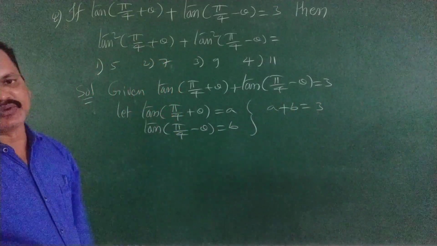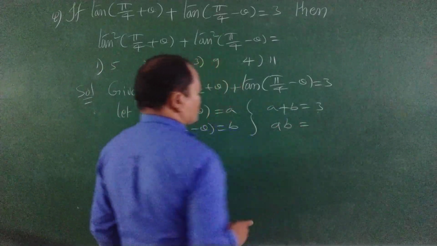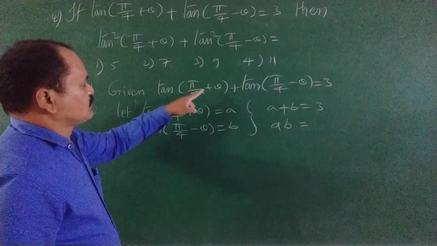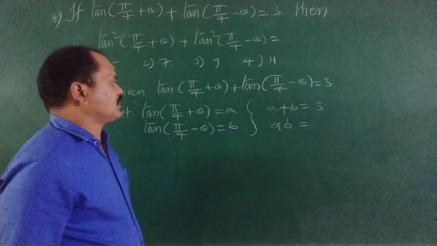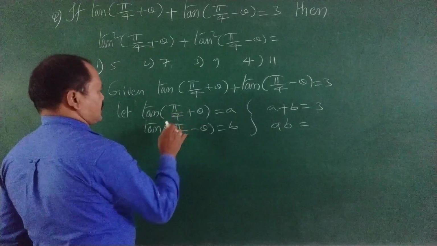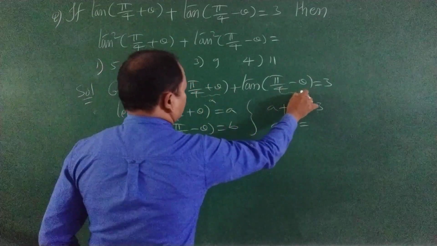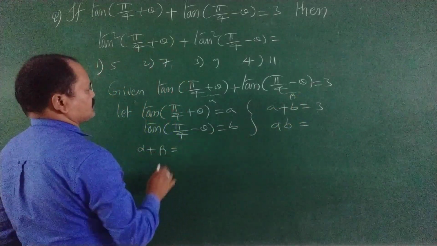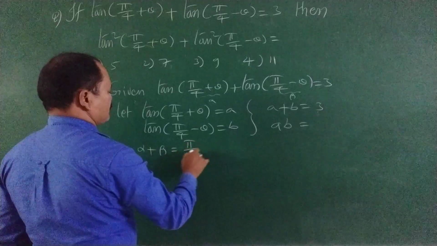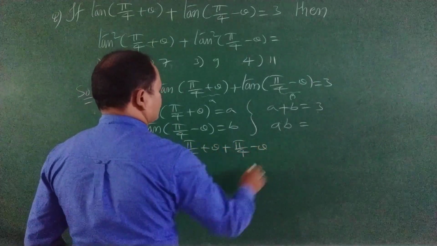And we have to take ab, that means a into b. What is a into b? Suppose this part is taken as alpha and this part is taken as beta. Then alpha plus beta is equal to pi/4 plus theta plus pi/4 minus theta.